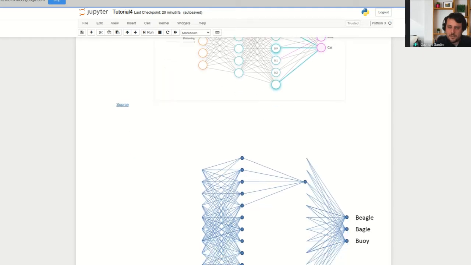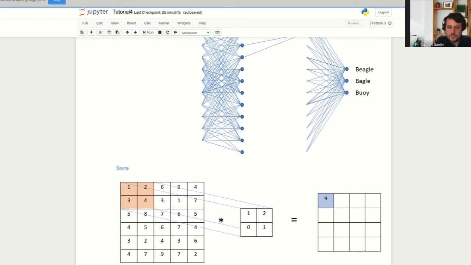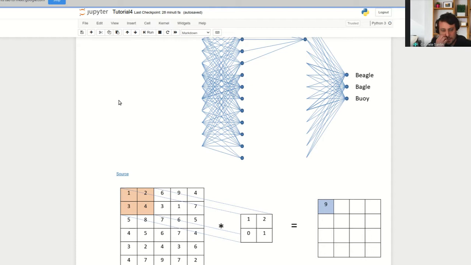But this can be done in a very clever way using convolution, and this is typically used in computer vision, when the input is an image. Convolutional layers are at least one of the fundamental reasons why computer vision works so well. The idea is something like this.